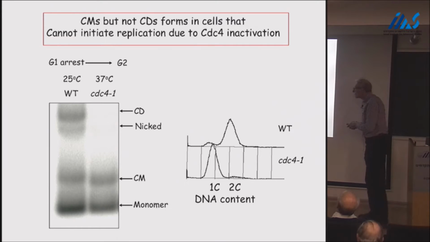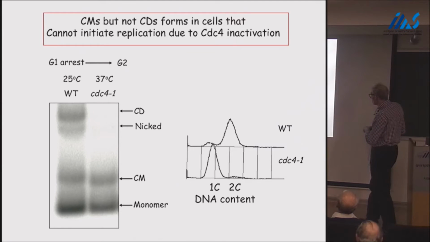Now, we think that these are the product of DNA replication. CDs, we suppose, are synonymous with cohesion, and CMs would be synonymous with cohesin going onto chromosomes before replication. So if we were to take a yeast cell which in the wild type was allowed to replicate, it produces CM and CD.